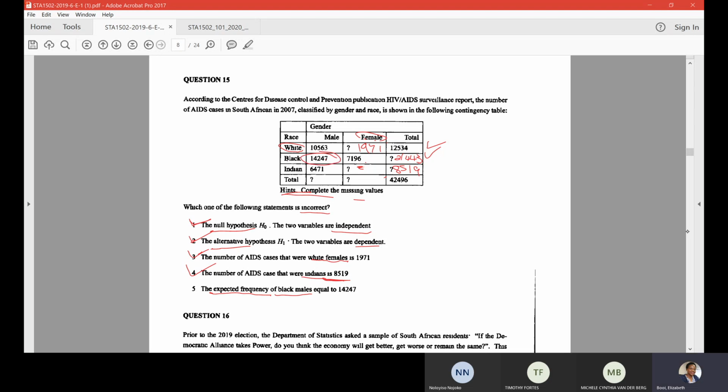They are not making it easy. So we need to find this total.